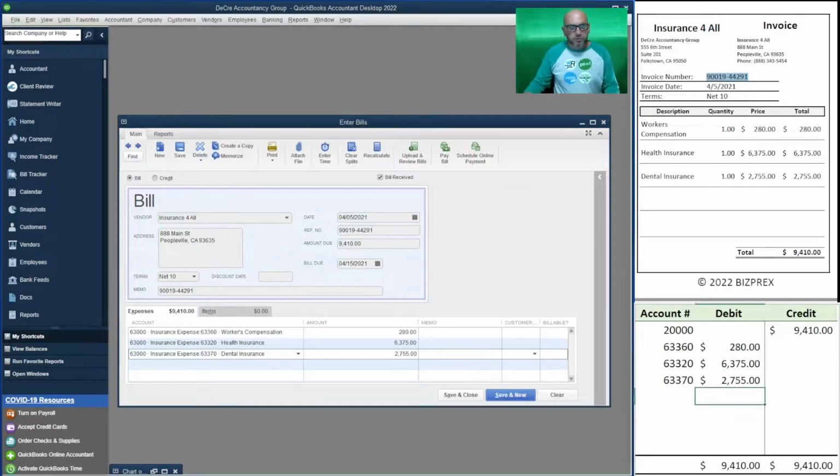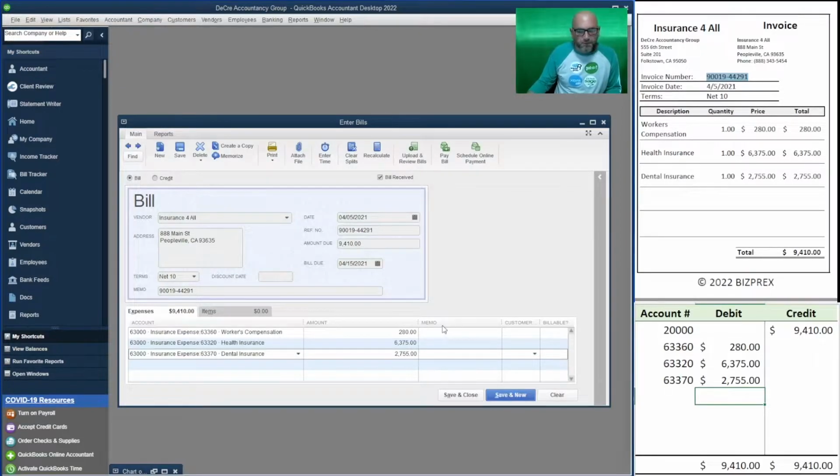There it is. Debits and credits are in balance. Each one of these is a debit to 63,370. This is a debit to 63,320. This is a debit to 63,360. This is a credit to account 20,000, even though we don't see it here. It is there. It's accounts payable.